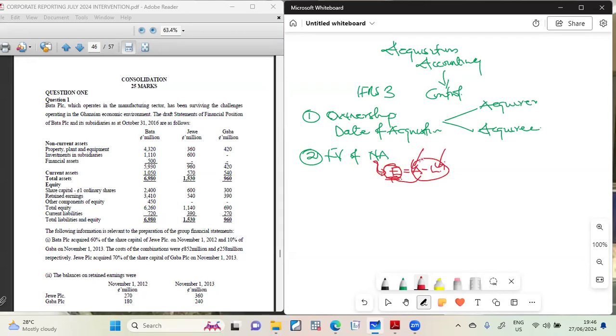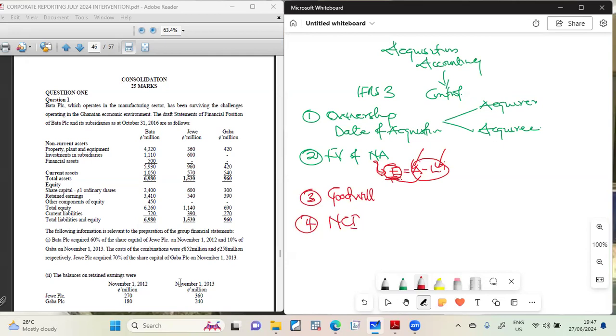Now, third step, the acquisition accounting says determine goodwill. So goodwill is done only when there is control. It's done once and for all. Take note of that. Then the last one, it says do NCI. Of course, your group workings 5 is just supplementary.